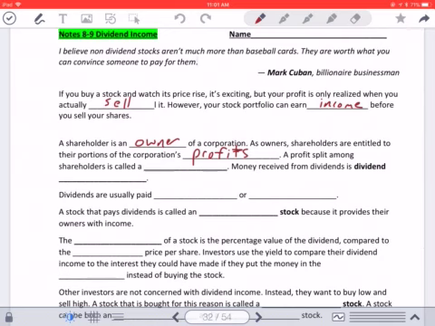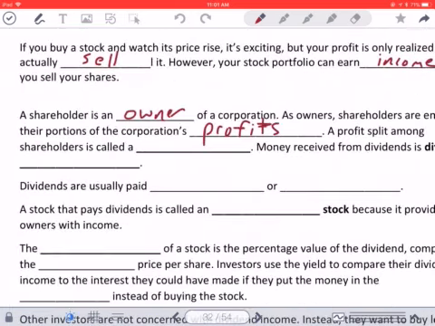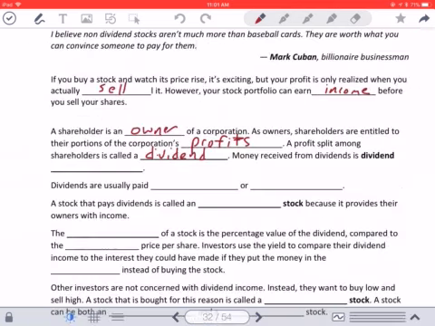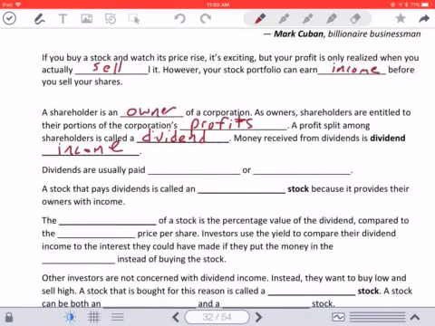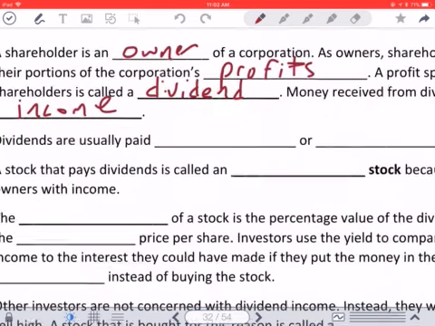A profit split among shareholders is called a dividend, because it comes from the word divide. Money received from dividends is dividend income. And dividends are usually paid annually or quarterly. Usually annually.